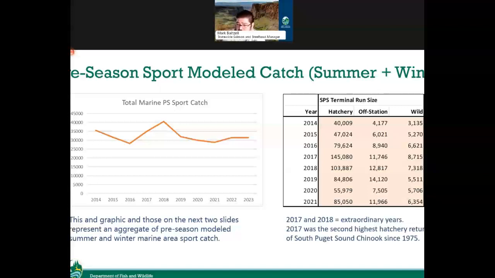If you look at the table to the right-hand side of the slide, you'll see South Puget Sound terminal run size. That table is just meant to inform a big contributing factor to that sport catch in 2017 and 2018. You'll also see that same spike in catch in the next couple of slides. It's important to note that in 2017, the South Sound hatchery run size was the second highest return since 1975. Those fish are caught all through all of our fisheries. Next slide, please.